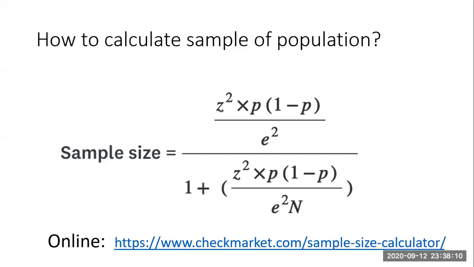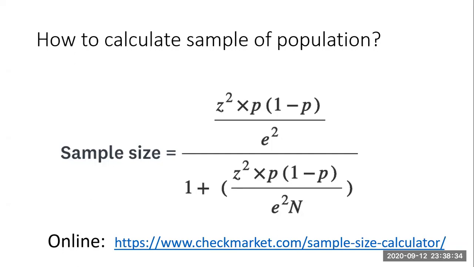So here is the formula you can use. You should replace each letter with the right number about population, about the margin of error, etc.